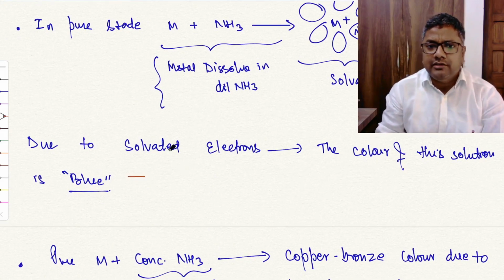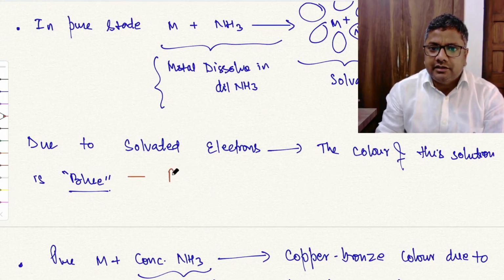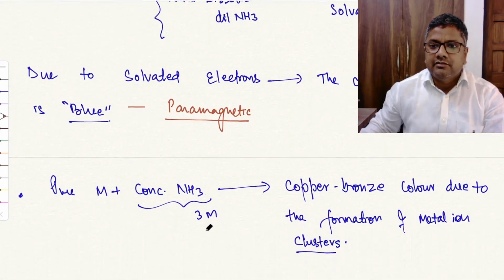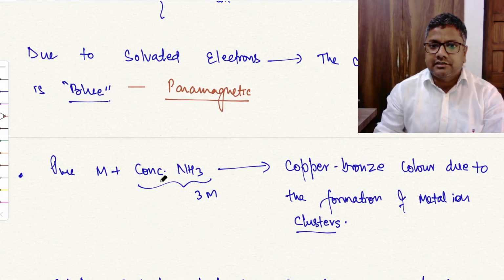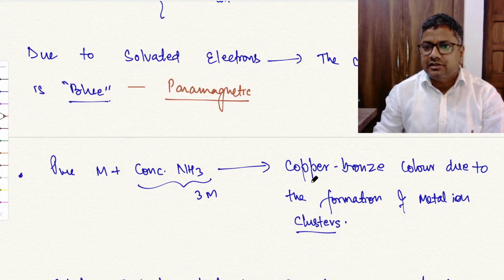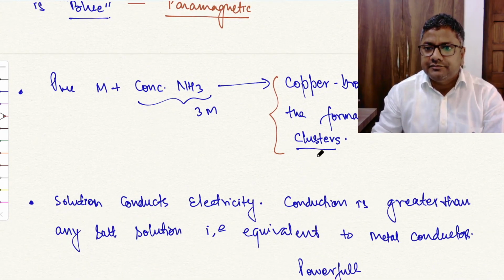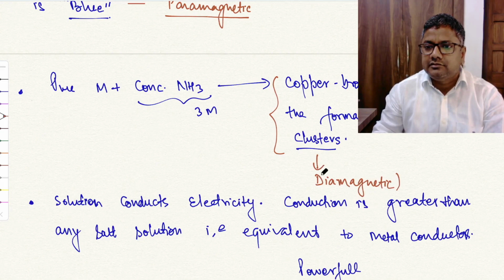All of you know this, but sometimes you miss it, so it is always better to write that it is paramagnetic. But at high concentration, due to the formation of metal cluster ions, it becomes diamagnetic. So this is important.